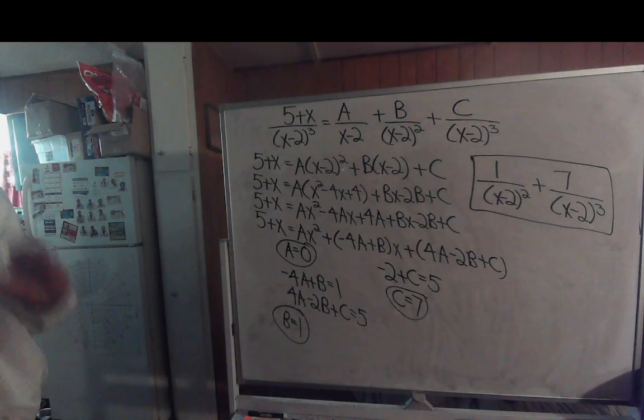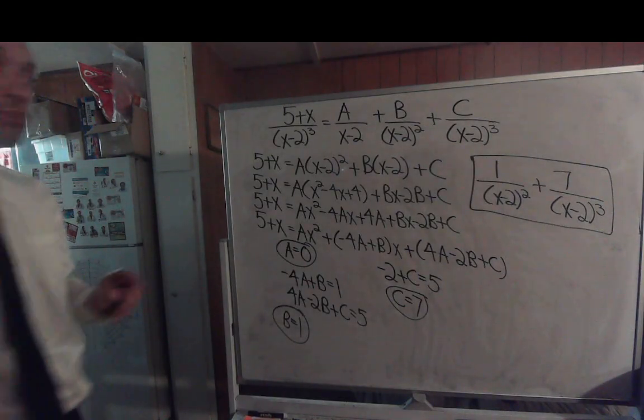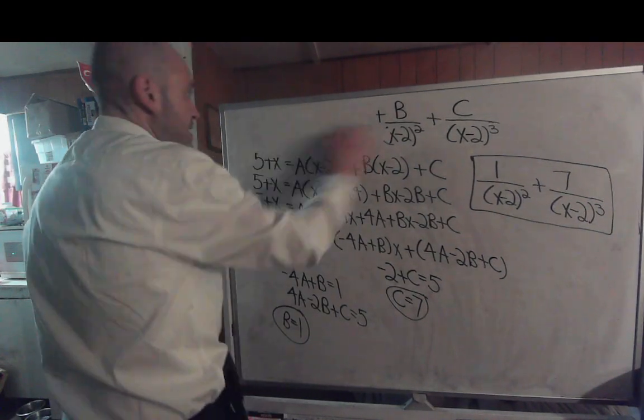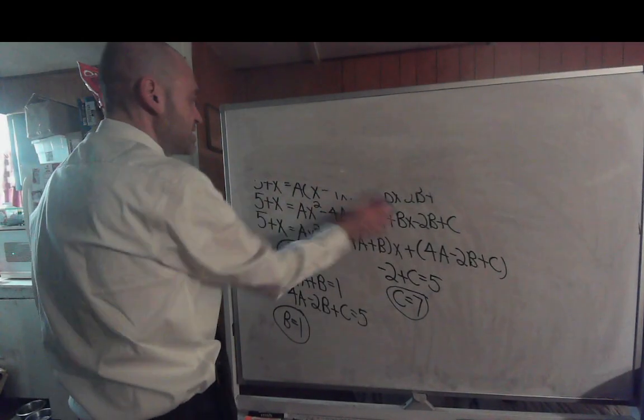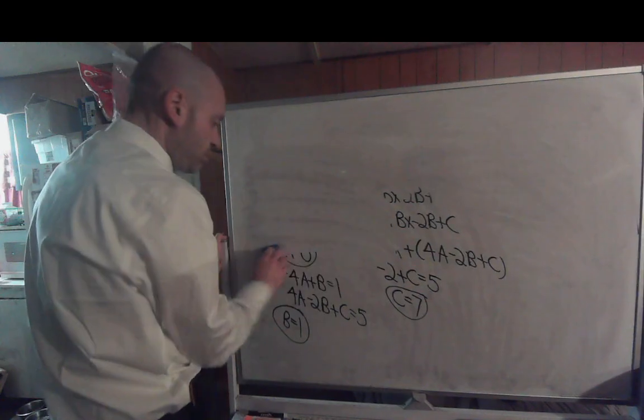Alright, so now let's go on to some unfactorable denominators, where right now we're going to do the degree of the numerator is less than the denominator. I'd like to show you how that works.